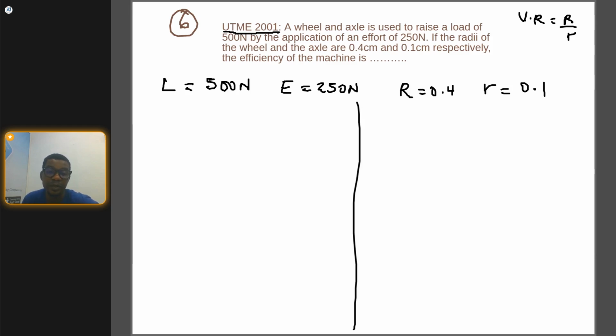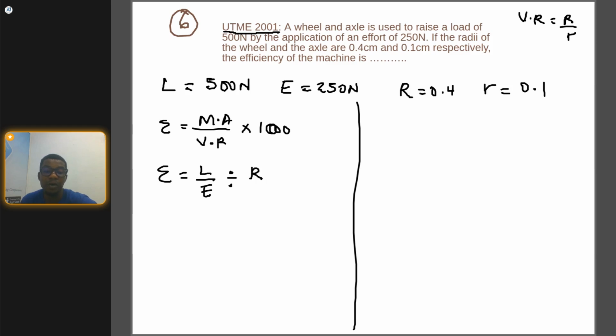Efficiency for this machine is the mechanical advantage over the velocity ratio multiplied by 100. Efficiency equals the mechanical advantage, which is load over effort, divided by the velocity ratio, which is capital letter R over small letter r, multiplied by 100.